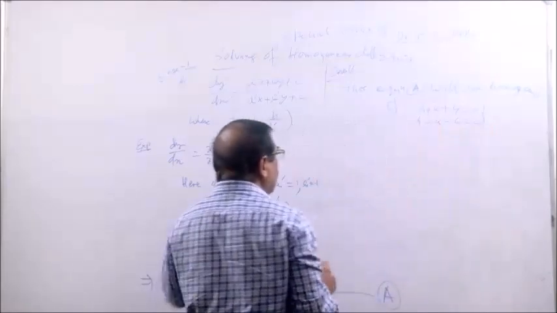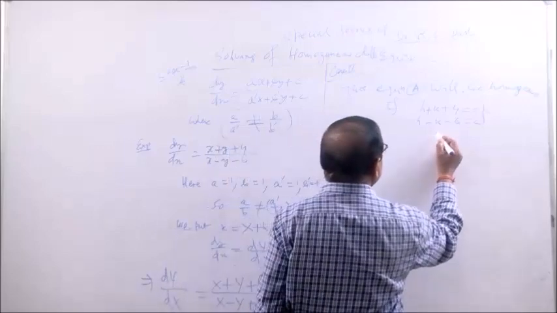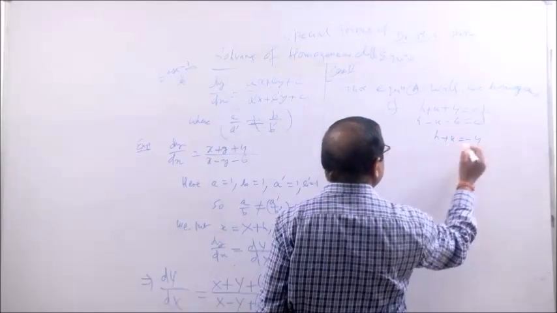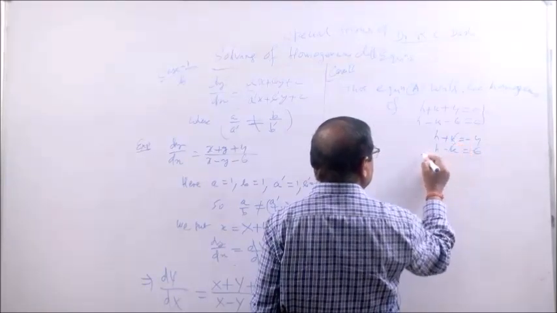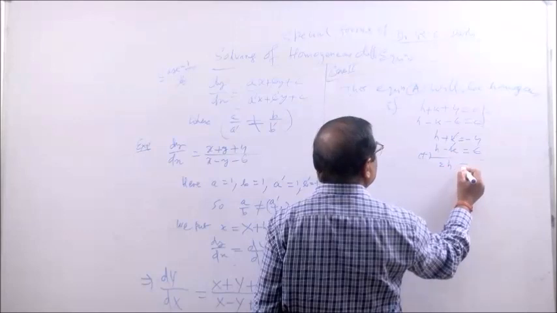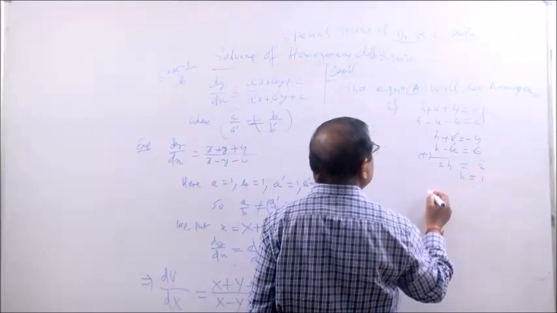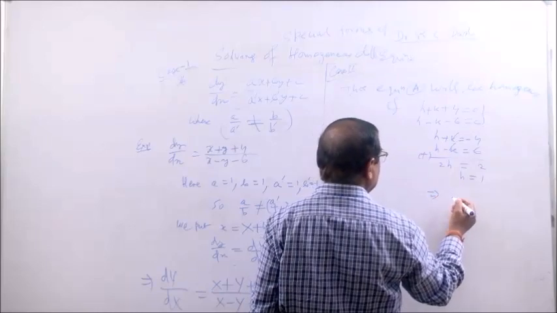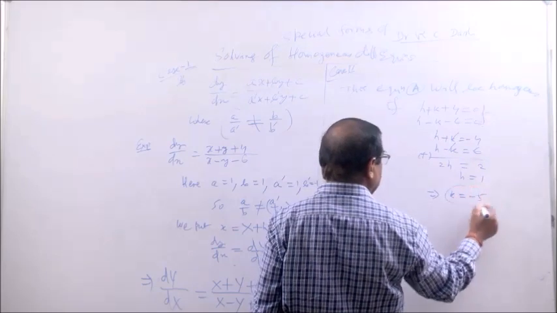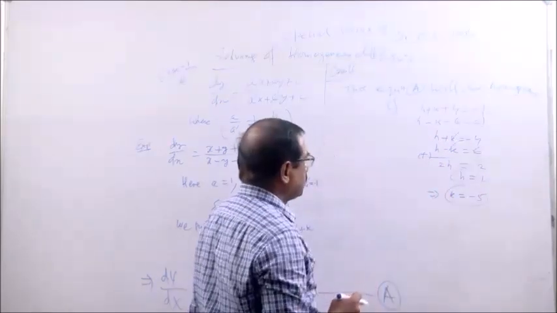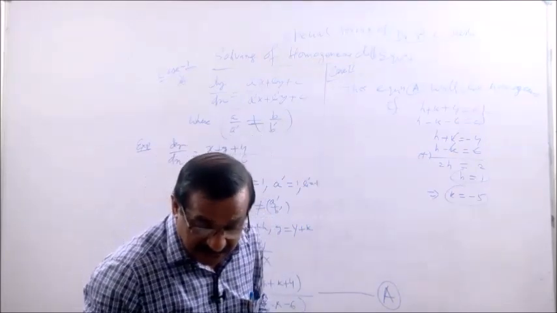We have to solve these two to find the values of h and k. There is a very simple way to solve this. h plus k is minus 4, h minus k is plus 6, you add them, 2h is equal to 2, so h is 1. So if h is 1, that implies k is equal to minus 5. So, we have found the values of h and k.